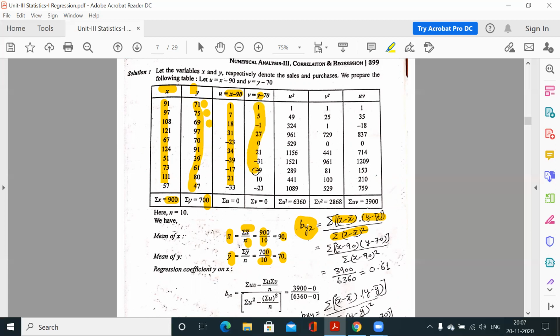So we are getting this column. This is x minus x bar, this is y minus y bar, and now we have to multiply these, x minus x bar into y minus y bar, and finally take the sum.